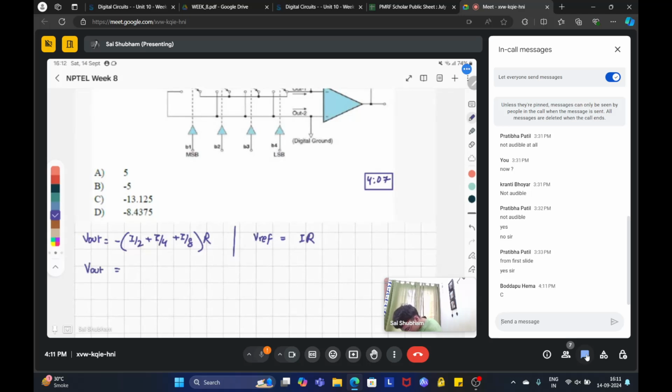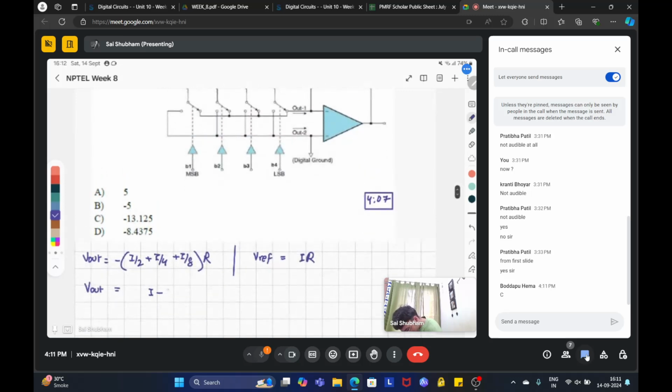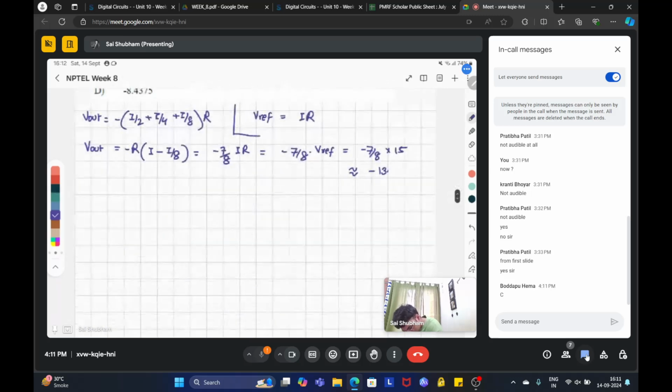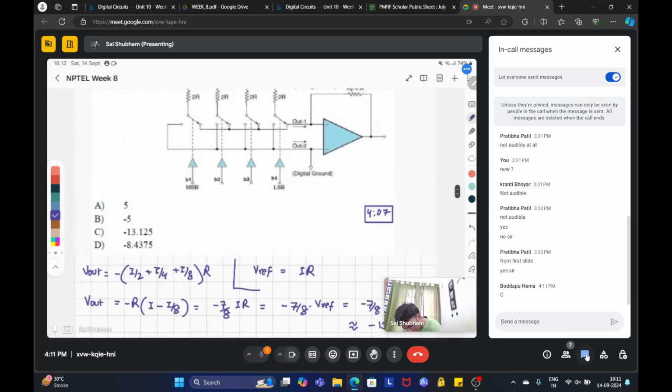So V out equal to I minus I by 8 equal to minus 7 by 8 IR. So this is equal to minus 7 by 8 V reference. 7 by 8 into 15. This comes out to be minus 13.125. Okay. So I hope this is clear to everyone.